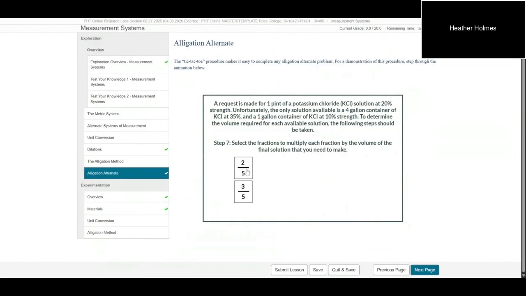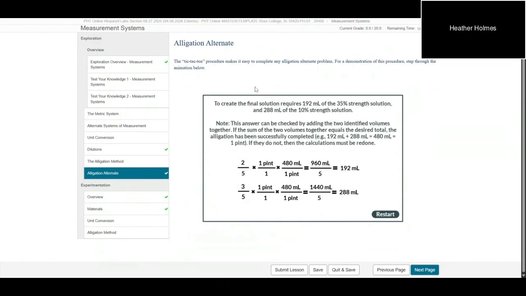And then finally, after you figure out your two simplified fractions, we would then figure out how much we would need. So in the original problem, it said that we would be needing 1 pint of the original percent. So since it didn't give us what mLs that is, we had to figure that out.